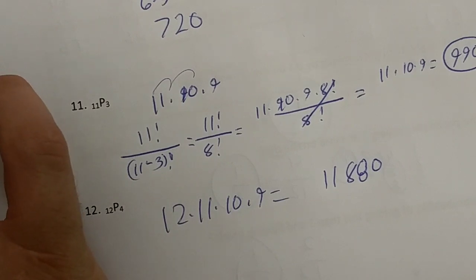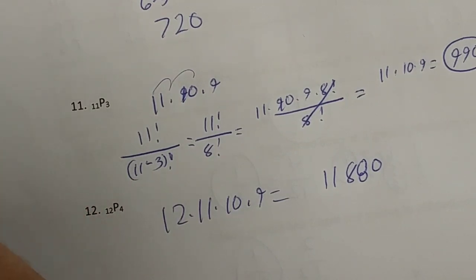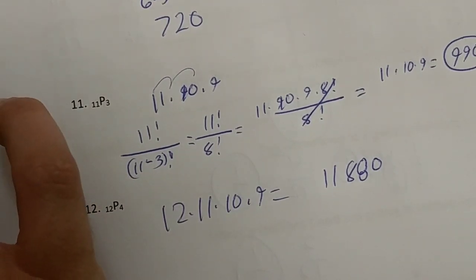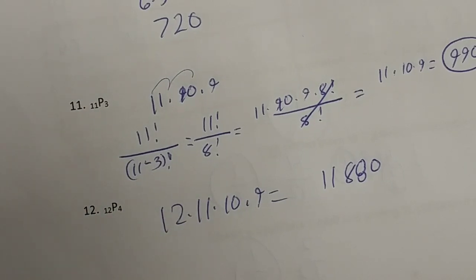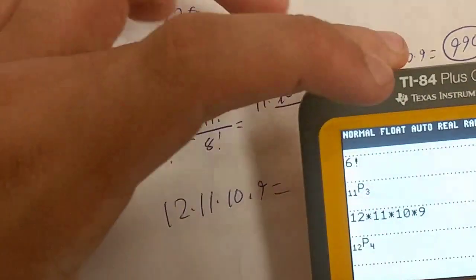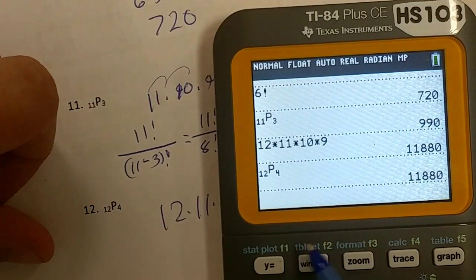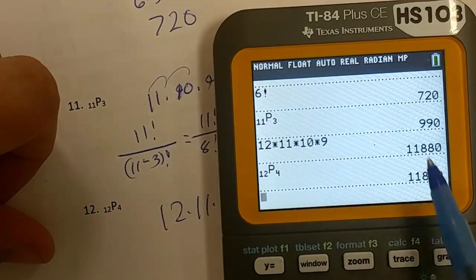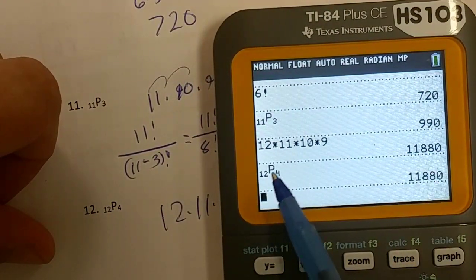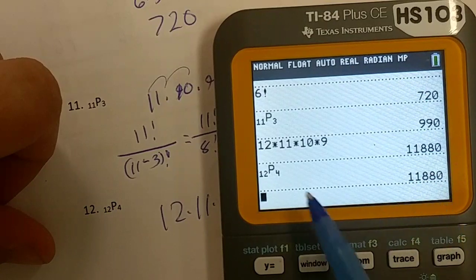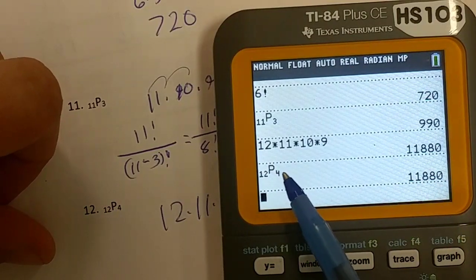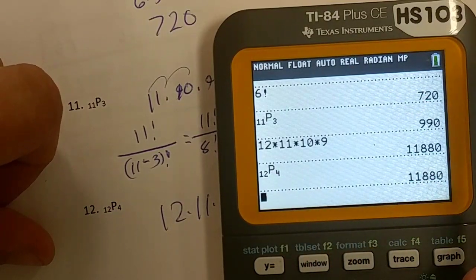And I'm going to plug it into the calculator here to see if that's true. So that's 12, and that's, what is it, 4? Yeah. So I just want to show that they're the same thing. 12 times 11 times 10 times 9 is 11880. 12P4 is 11880. If you just skipped ahead and got to here, go back in the video and I can show you where you get the P.